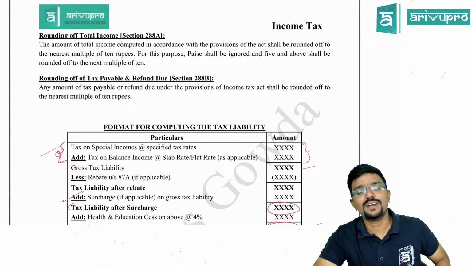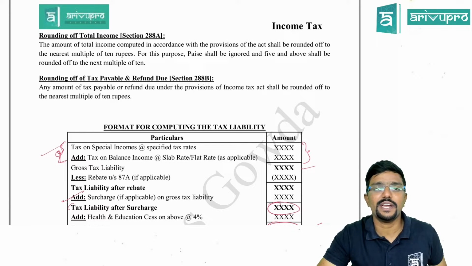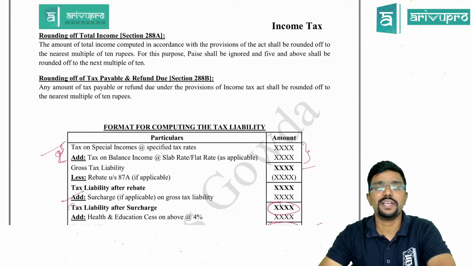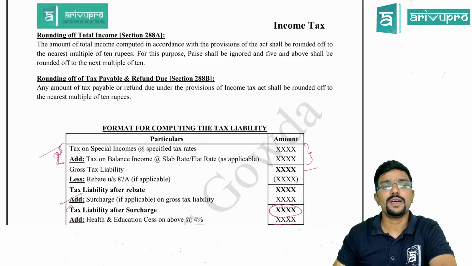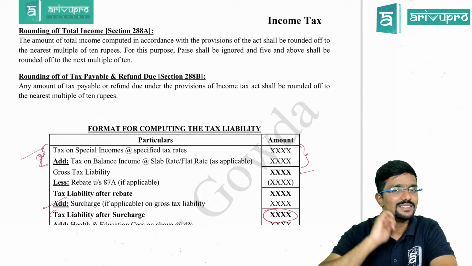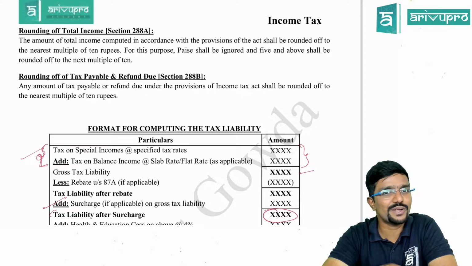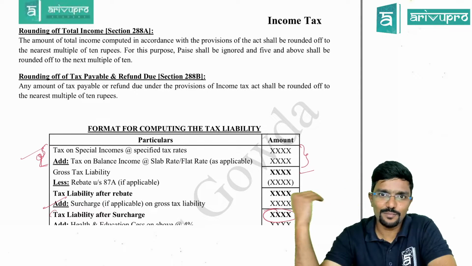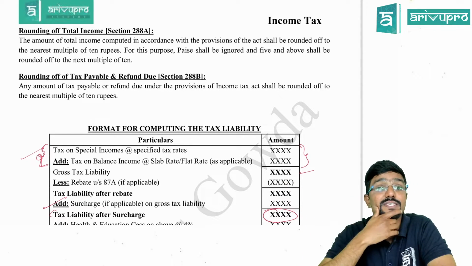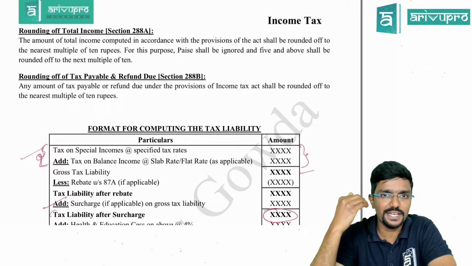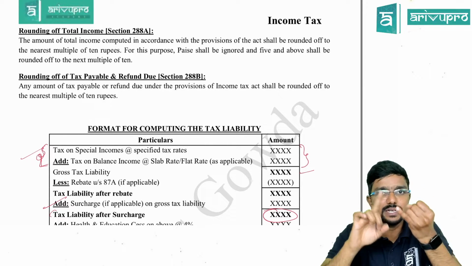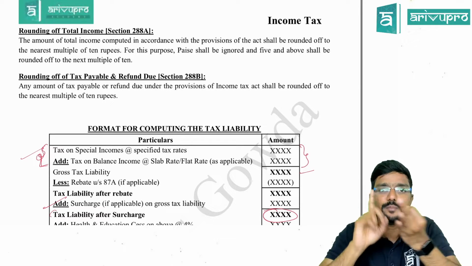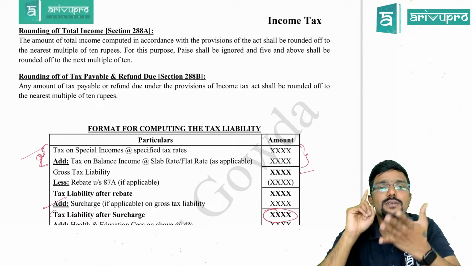Next, there is something called section 288A and 288B, which speaks about rounding off. Whenever you compute total income, in this chapter we are learning how to calculate tax liability. From the third chapter, we will start computing total income under each head: salary, house property, PGBP, capital gains, income from other sources.